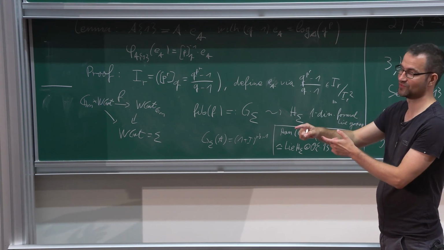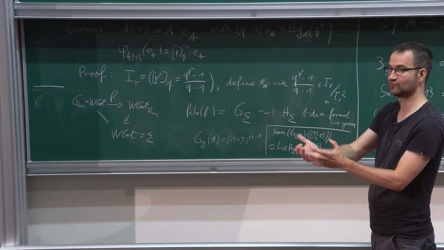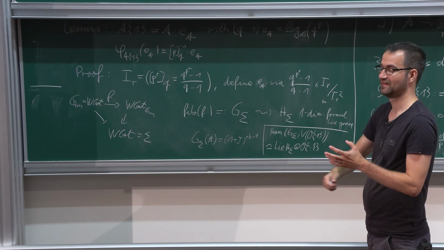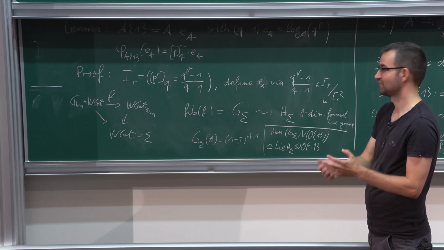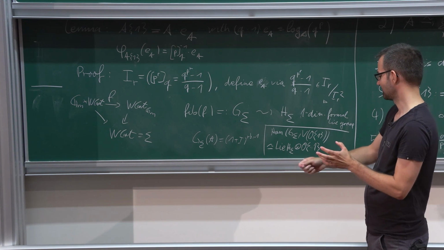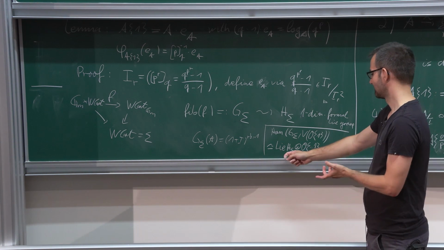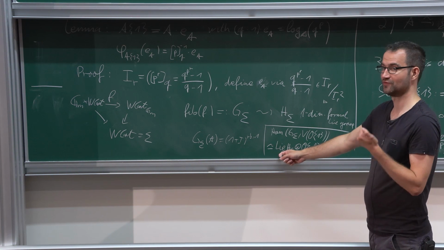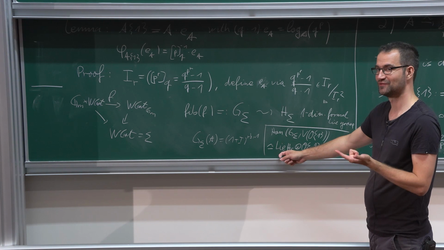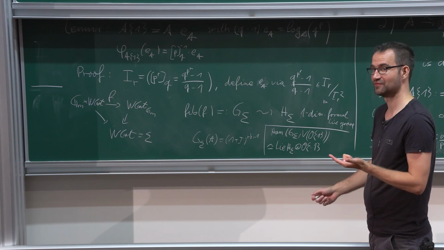And the way Drinfeld argues there, okay, you construct a Frobenius on that line bundle, and this Frobenius will have the property that you equip that line bundle with a Frobenius-intertwined trivialization, and then it's uniquely determined by this data.